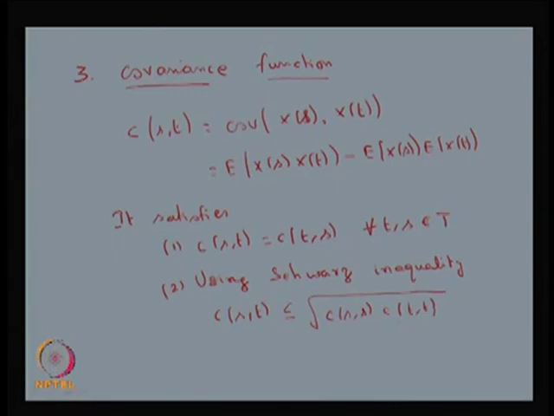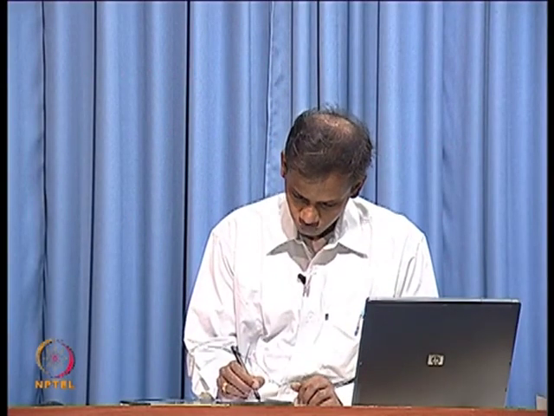The third property: the covariance matrix is non-negative definite also.